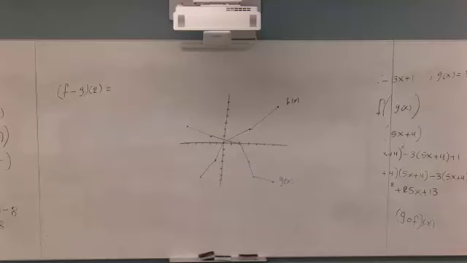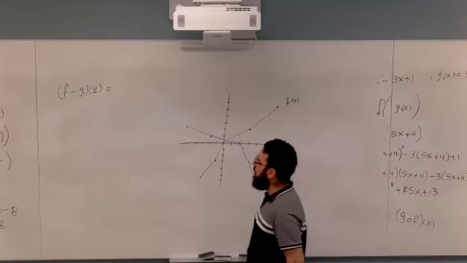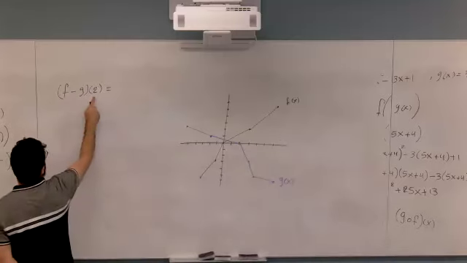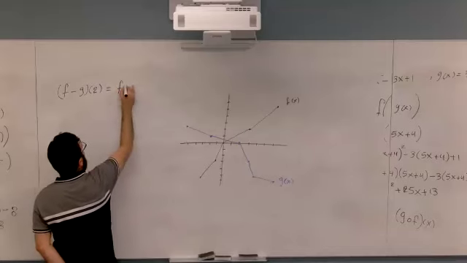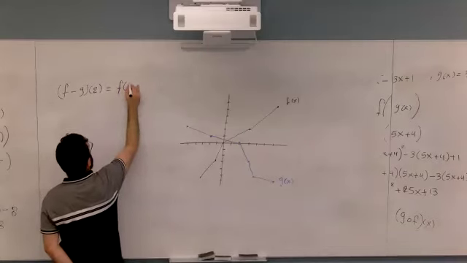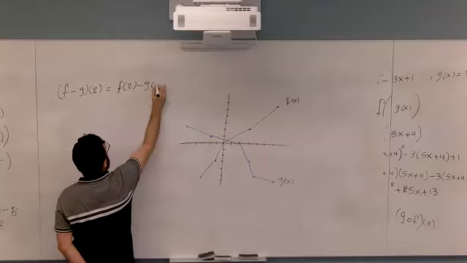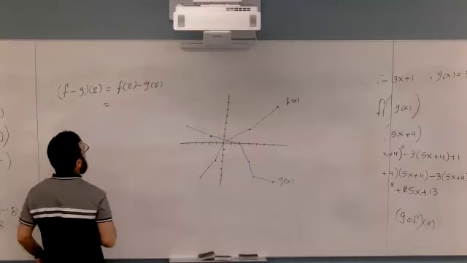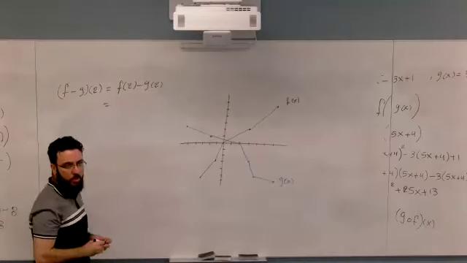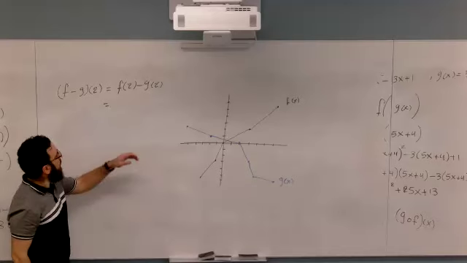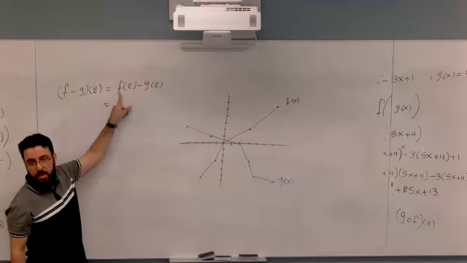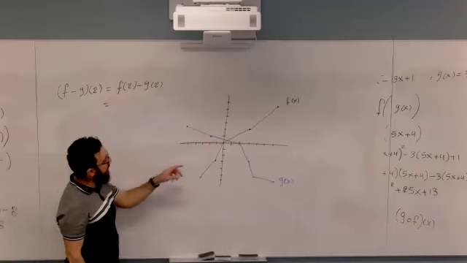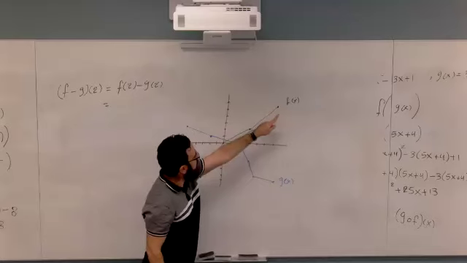You have 2 graphs, one for f of x and one for g of x. What they ask you, find f minus g to which number? 2, which is equal to what? F to the 2 minus g to the 2. What's the meaning of f to the 2? That means 2 is the x. We need to find what? The y. So you're gonna go when x equals 2. This is f of x.